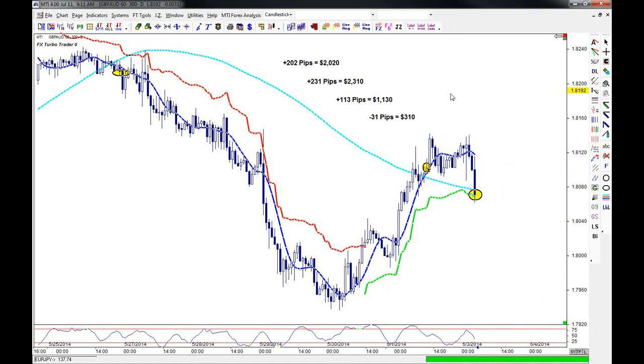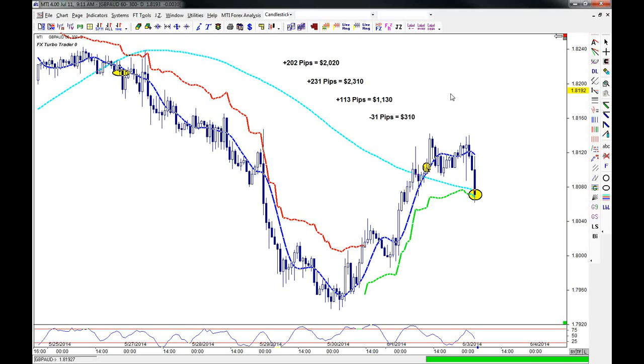How many of you would be okay losing 31 pips after just gaining 202 pips, 231 pips, 113 pips? What would that do for you? Anyone that tells you they've won 100% of the time, I can probably assure you they've made one trade in their life and they quit, and they won that one trade, and that's all.